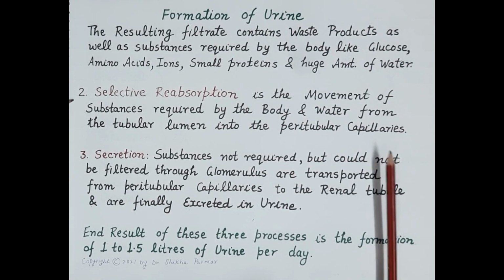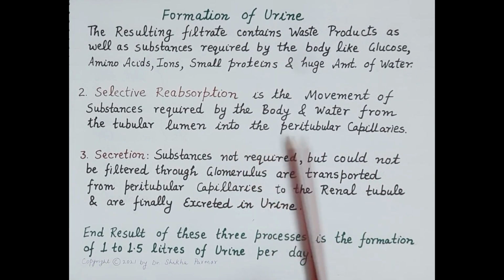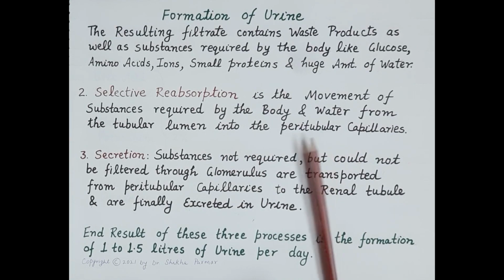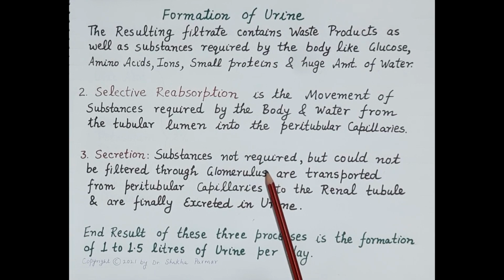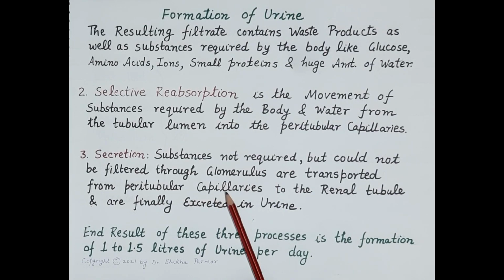Selective reabsorption is the movement of substances required by the body and water from the tubular lumen into the peritubular capillaries. Apart from this, certain substances which are not required but could not be filtered at the level of the glomerulus are transported into the peritubular capillaries, and from the peritubular capillaries these substances are secreted or passed into the renal tubule.